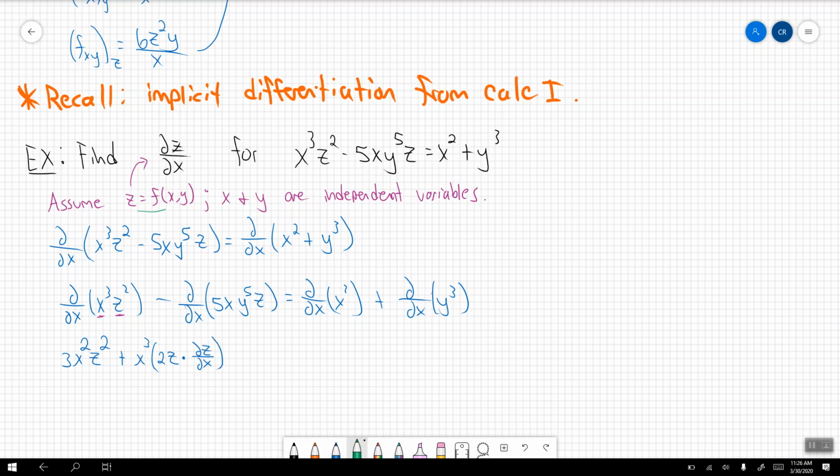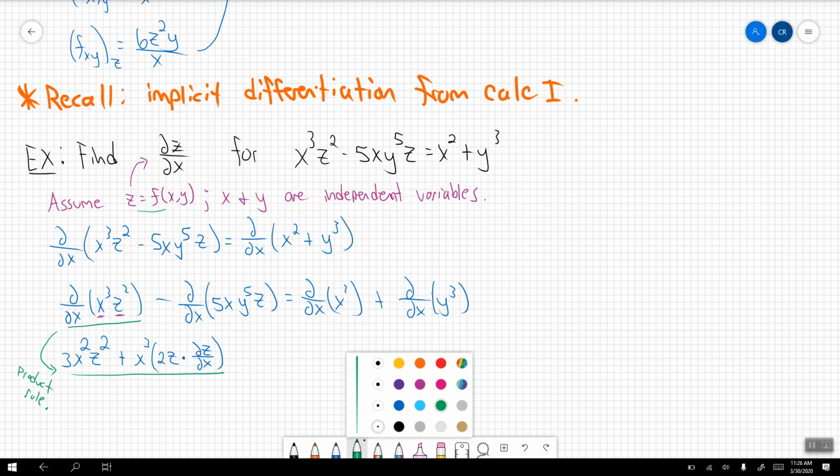And again, what I'm using here is the chain rule with that implicit differentiation. So that was the product rule, and this piece right in here was the chain rule.